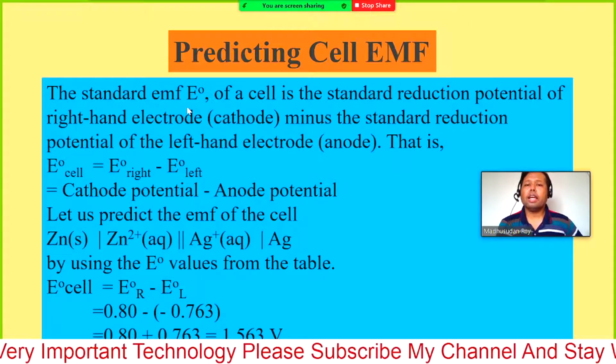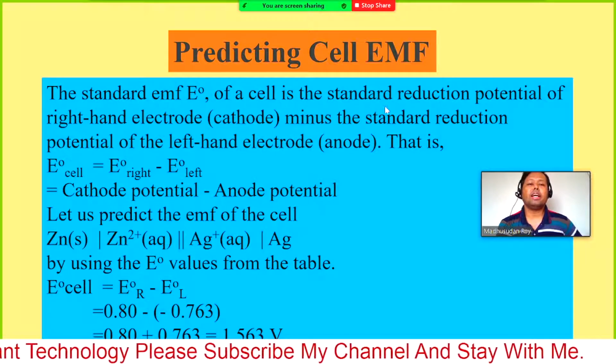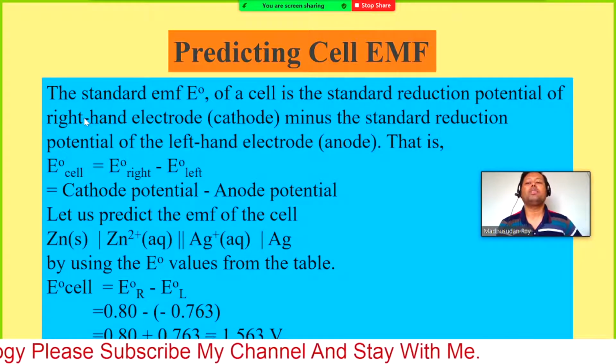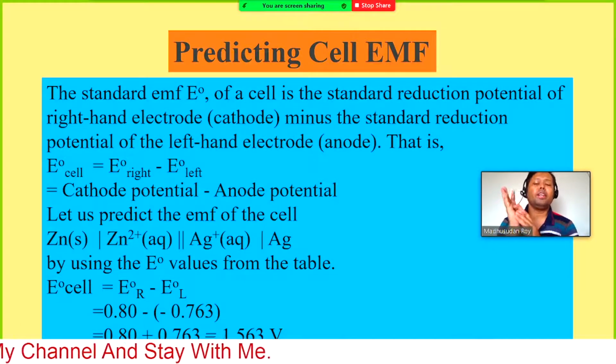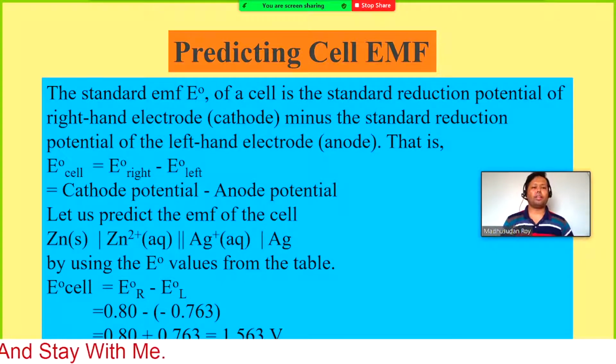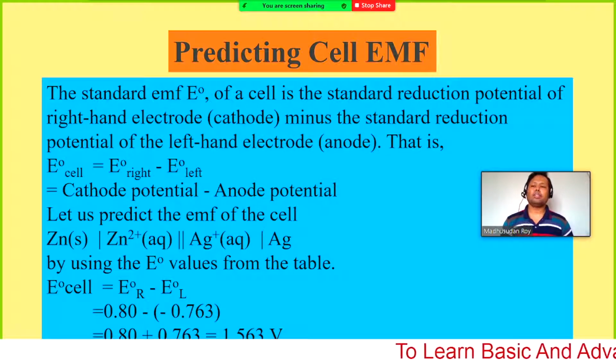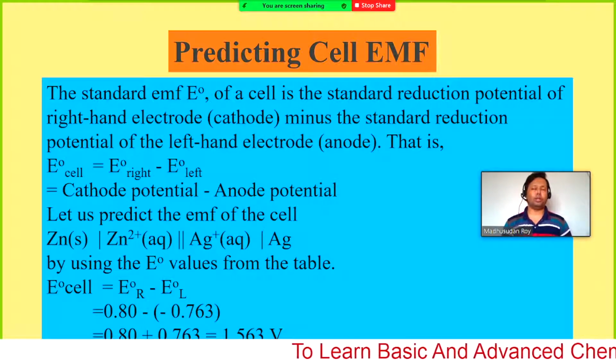The standard EMF E0 of a cell is the standard reduction potential of the right hand side electrode minus the standard reduction potential of the left hand side electrode. We have two different electrodes in a cell, cathode and anode, kept on the left side and right side. Consider the right hand side electrode as the cathode.